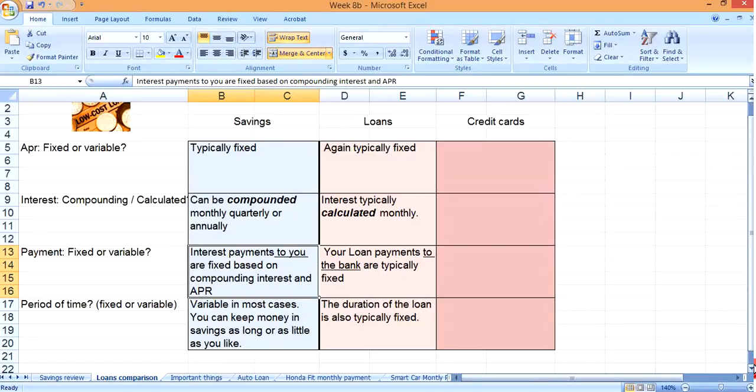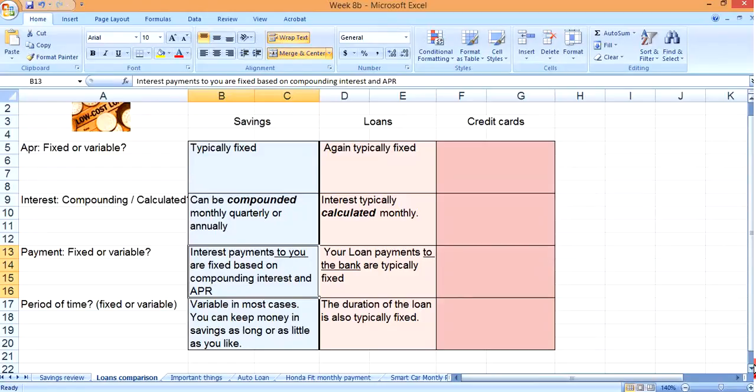Or when you agree to the terms of your student loan, you're going to know exactly what that interest rate is. With loans, interest is calculated monthly and paid to the bank. So with a savings account, the bank pays you to hold on to your money, and with a loan account, you pay the bank, right? You pay the bank for the privilege of owing them money.